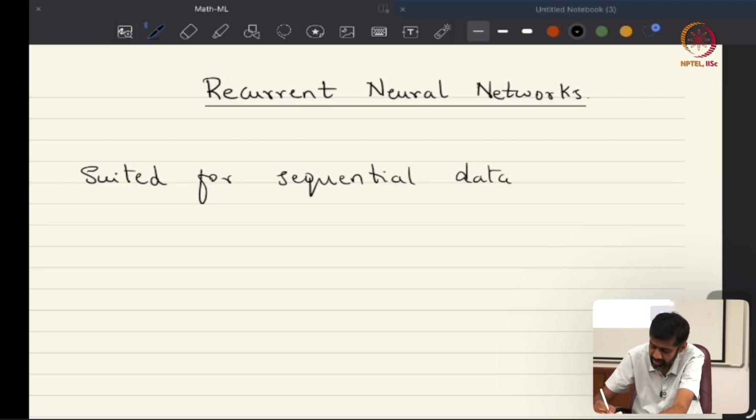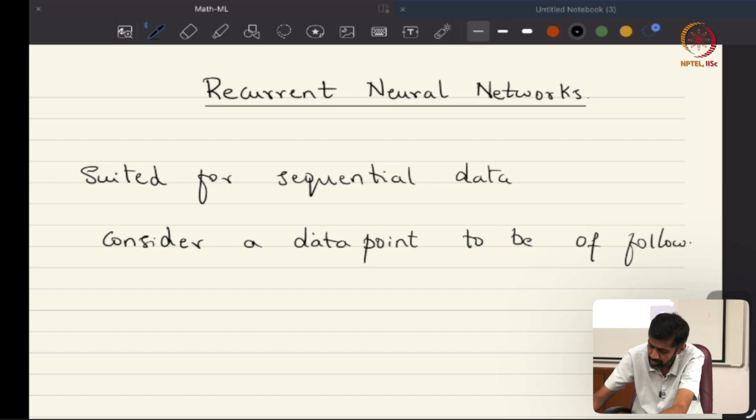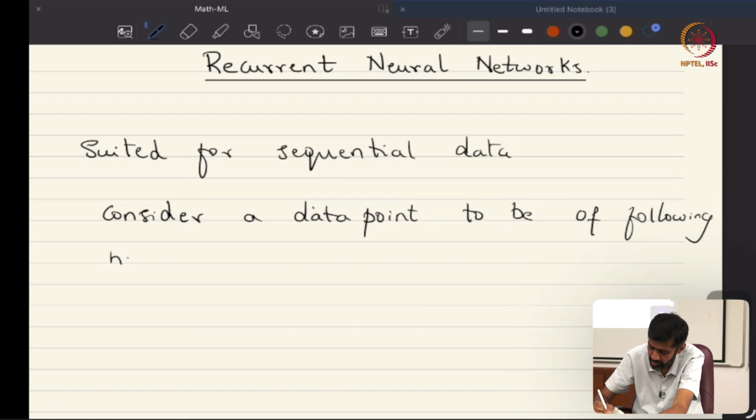Now, for sequence data, let's consider one particular data point. Let's do everything for one data point. Consider a data point of the following nature.